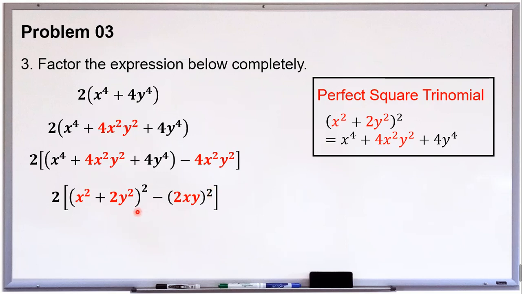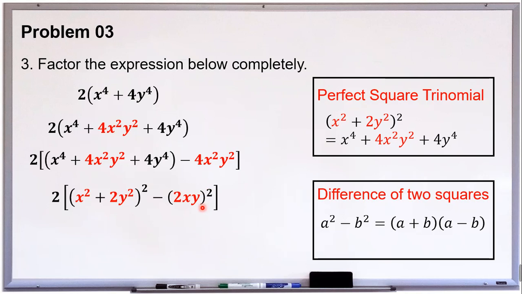Now notice, in our discussion on factoring, this expression inside this brace is similar to the difference of two squares. So for the difference of two squares, you have an expression a raised to the power of 2, which is similar to this one, then minus an expression b similar to this one raised to the power of 2.